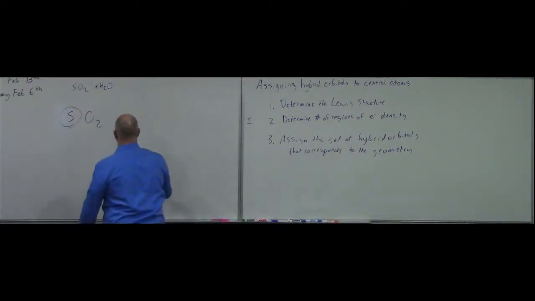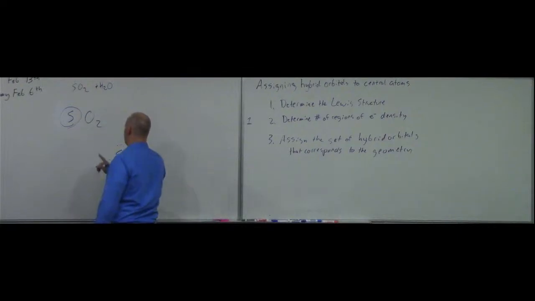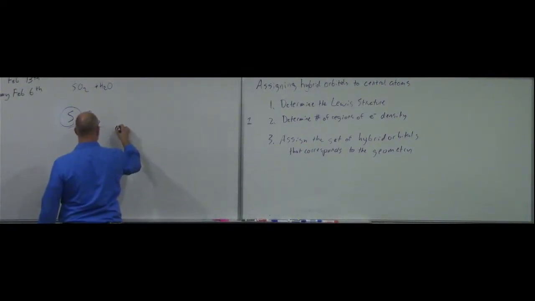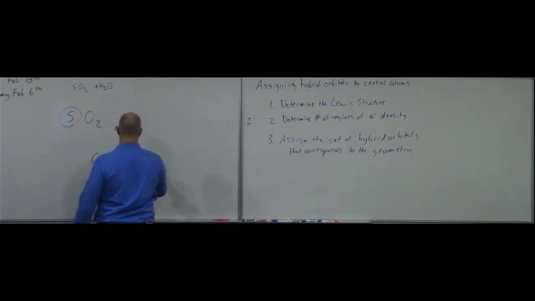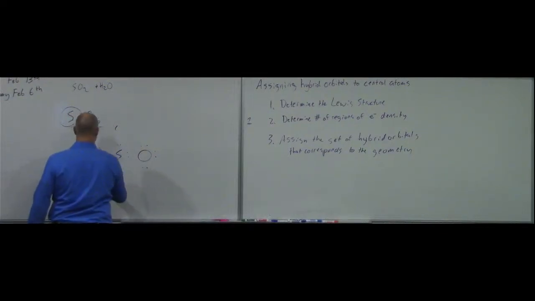All right, so how many valence electrons in sulfur? 6, right? So 1, 2, 3, 4, 5, 6, and we're doing SO2. So I'm going to go oxygen, and I'm going to go oxygen. 1, 2, 3, 4, 5, 6. 1, 2, 3, 4, 5, 6.